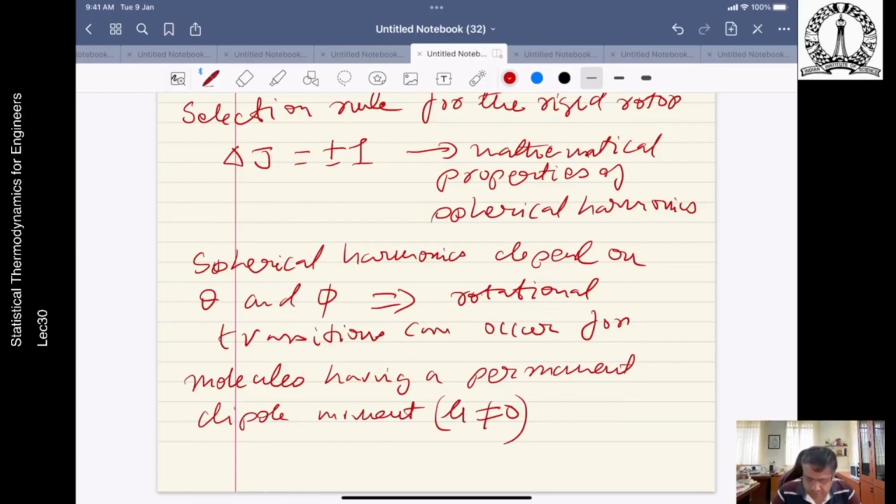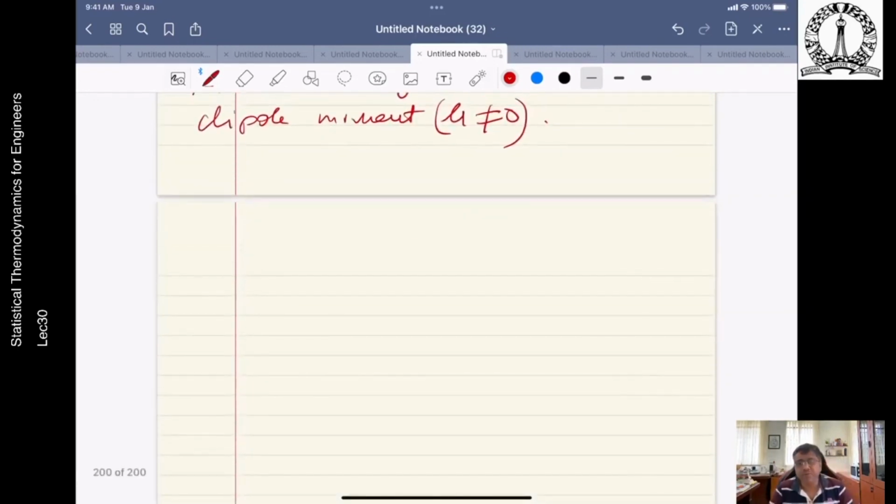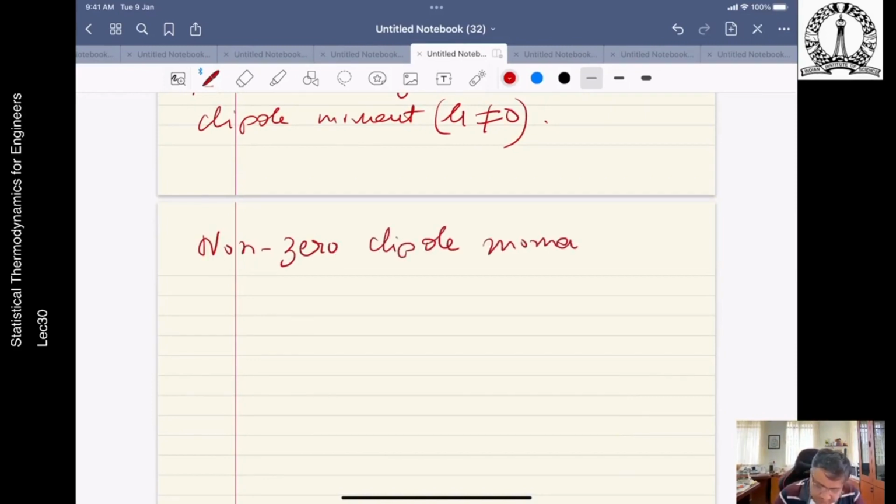Now, a non-zero dipole moment is impossible for molecules endowed with very high spatial symmetry, because the dipole moment will cancel out.